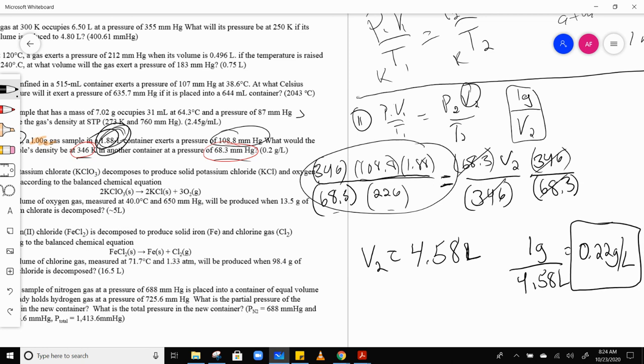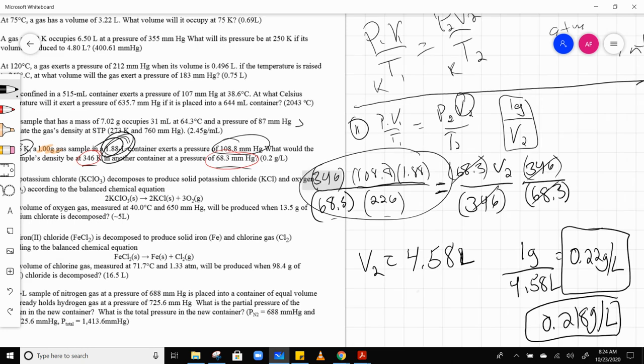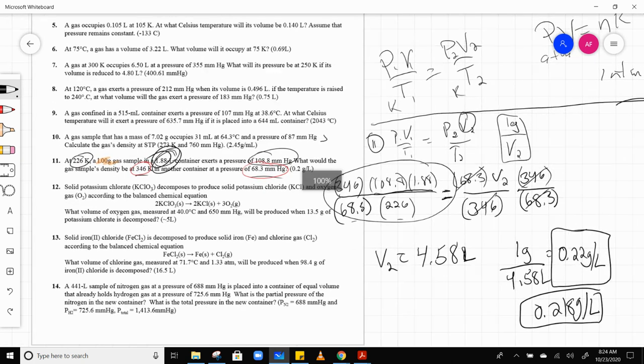Now, technically, everything had at least 3 sig figs, so I should have it to 3 sig figs. So if you want to do it perfectly, it would be 0.218 grams per liter. But I'll take anything from 0.2 to 0.22, 0.218. You know, even if you got something like 0.19, I'll take it as long as it's close. Okay, but show your work, and you'll get credit.